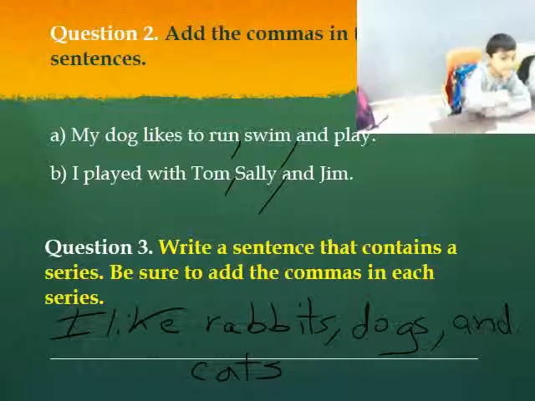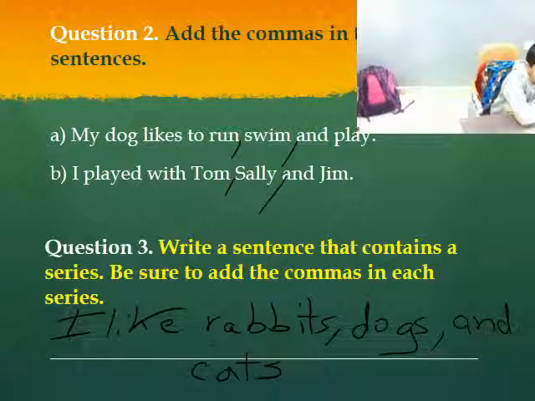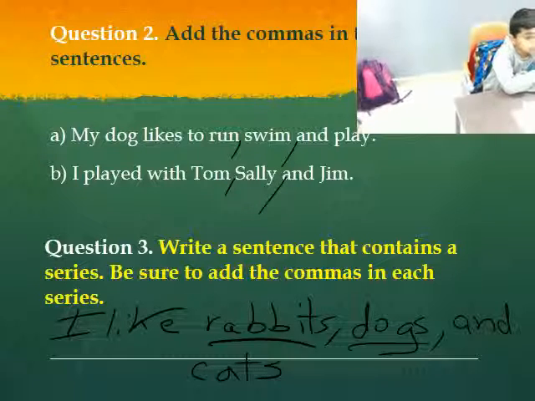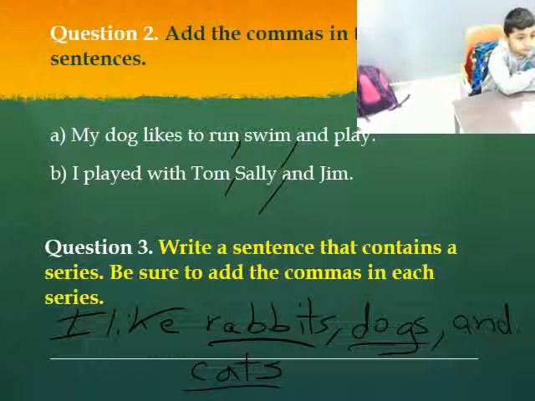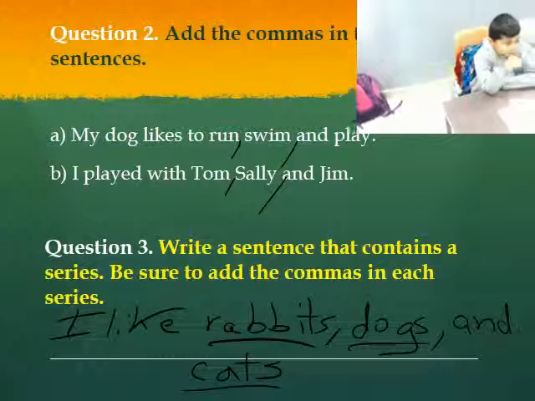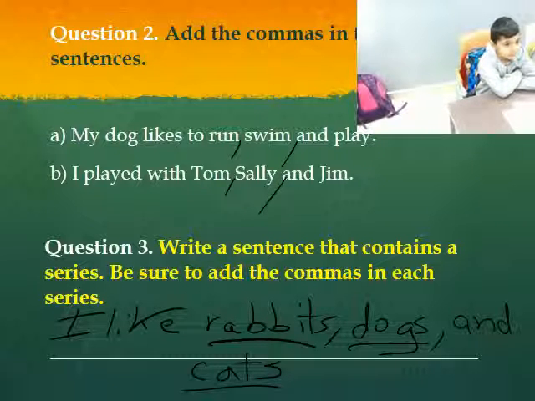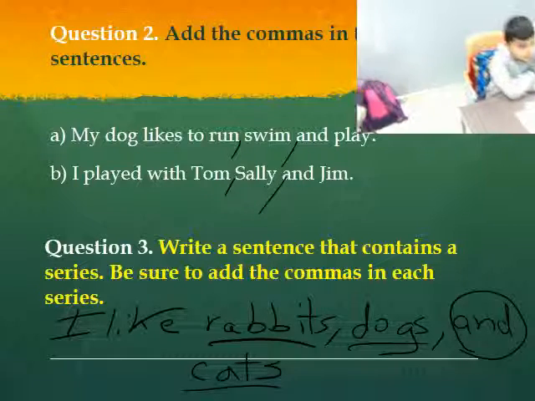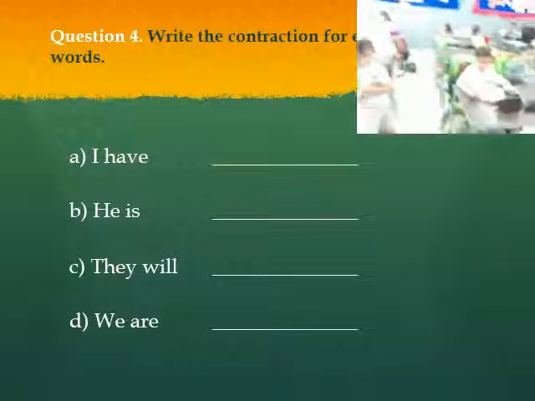So look, pay attention here. We have rabbits. This is the first word in the series. Dogs, the second. Cats, the third. We added the commas between the words, and before the last one, we added and. Okay? Very good.